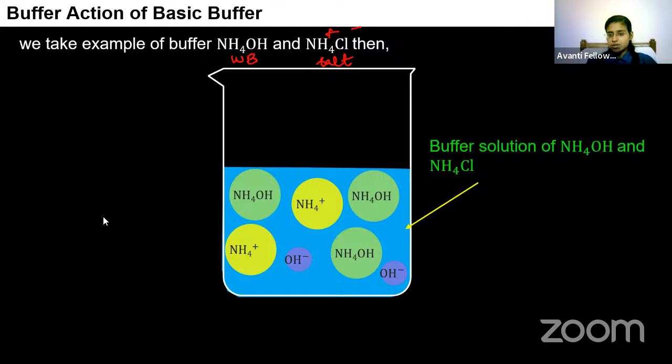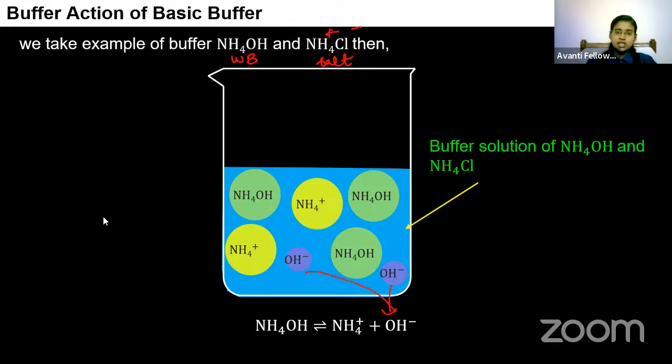This is the buffer solution of NH4OH and NH4Cl. Okay, so the NH4OH, if it undergoes partial dissociation, produces NH4 plus and OH minus. Got it? So that OH minus is here inside the solution.